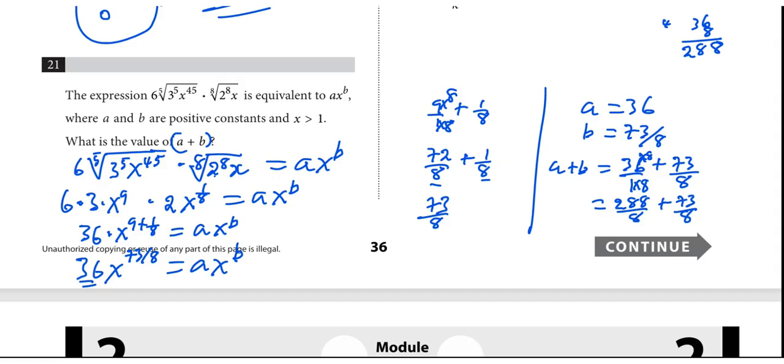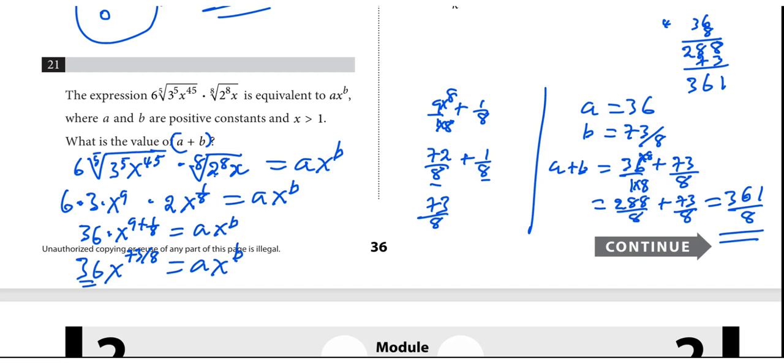So we need to add up 288 plus 73. So 8 plus 3 is 11. Write down 1, carry 1 here. So this will give you 16. So 361. So this will be equal to 361/8, which is the answer to the question. I hope this makes some sense.